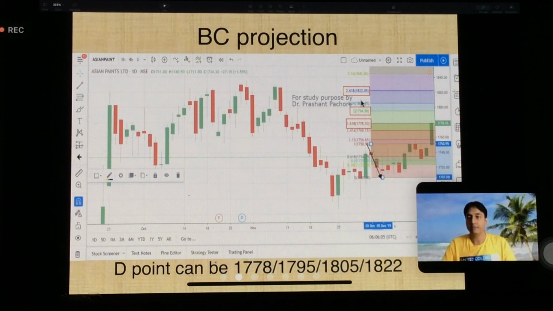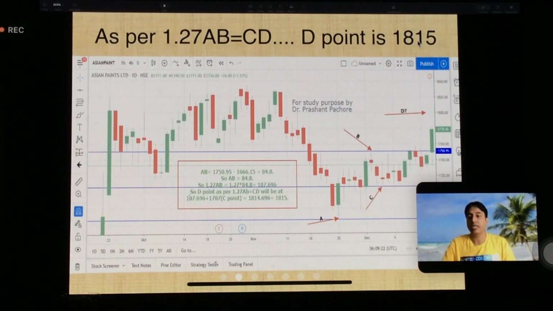Yes, it's 1805, but what I have written is 1815. It's wrongly written here as 1855. But now AB equal to CD. As per 1.27, see here I have done the calculation. AB is 84 points. This A to B move is 84 points: 1750 minus 1666, 84.